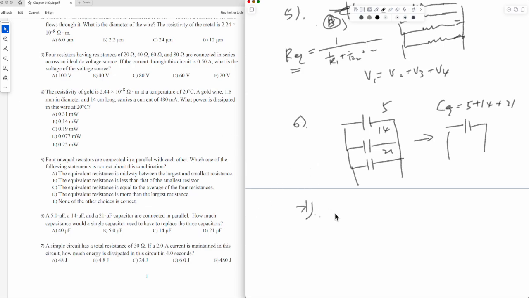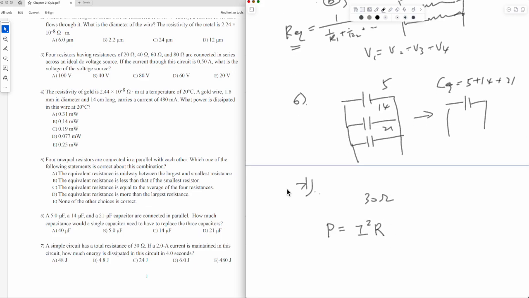Number 7. A simple circuit has a total resistance of 30 ohm. If a 2.0 amp current is maintained in this circuit, how much energy is dissipated in this circuit in 4 seconds? We know power equals, if we know the current and the resistance, I squared times R. That is power.